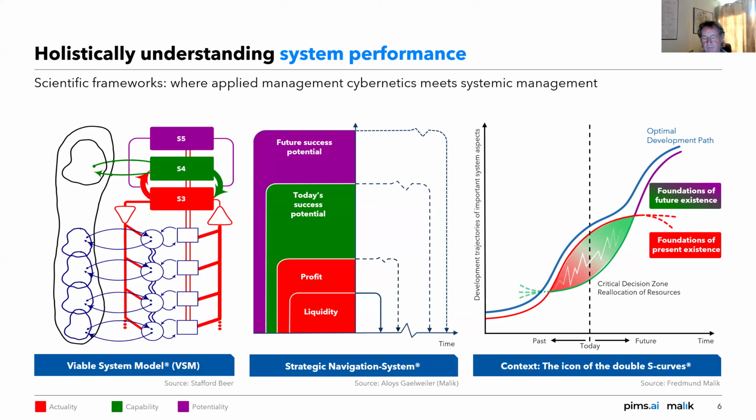But what I will instead say is that system 3 fits well with actuality, then capability seems to fall between system 3 and system 4 because you're working with your actuality to plan for your strategy. And then the potentiality, I would argue, sits somewhere between S4 and S5 because S5 matters in terms of direction and policies, and S4, of course, addresses it as well.